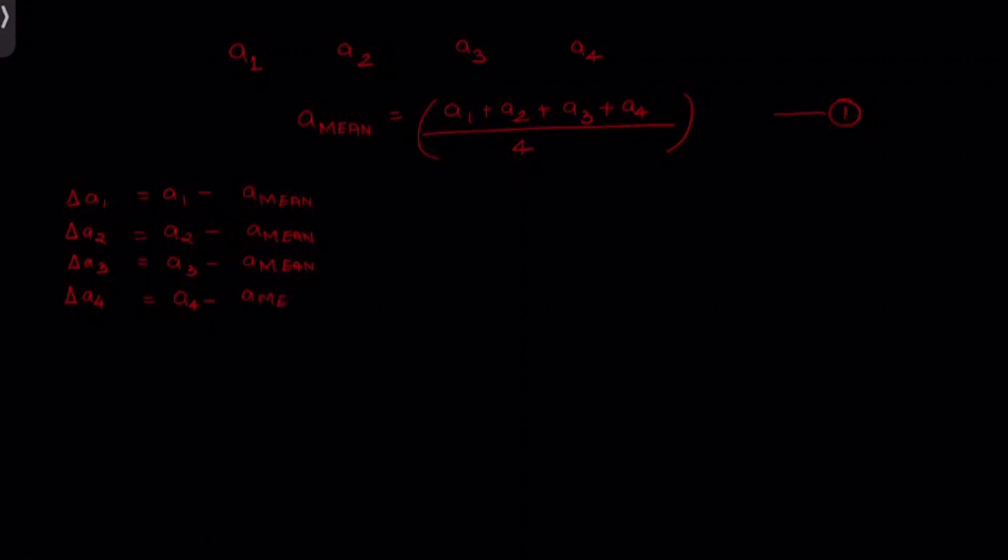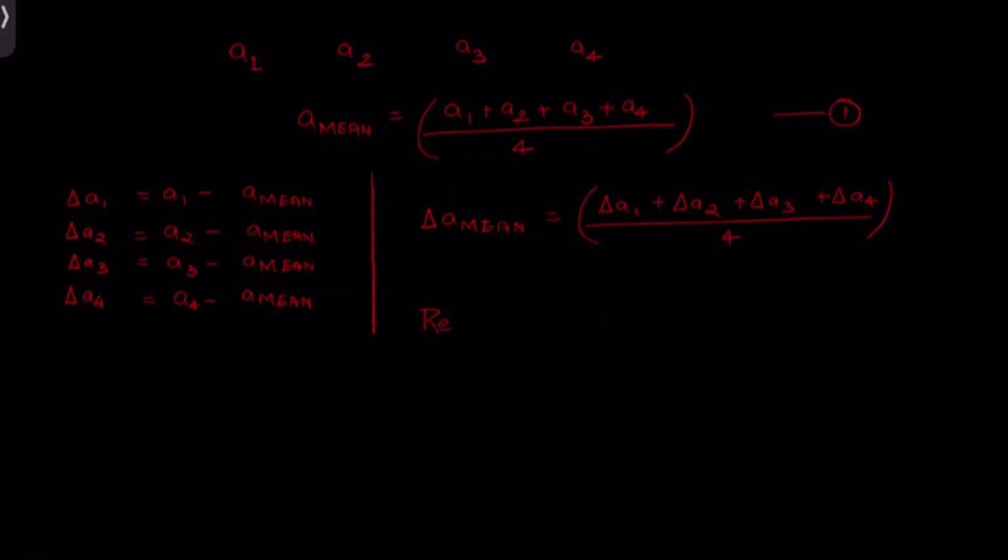Okay, please remember in this scenario, A mean is observed or approximated as equal to 2. After this has been done, just find out the value of delta A mean. So this delta A mean will be nothing but delta A1 plus delta A2 plus delta A3 plus delta A4 divided by 4.